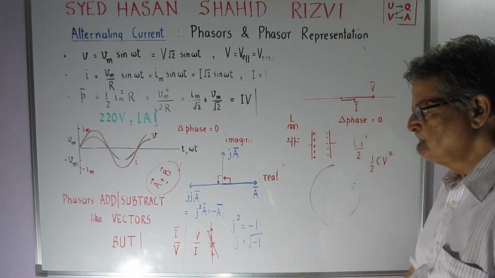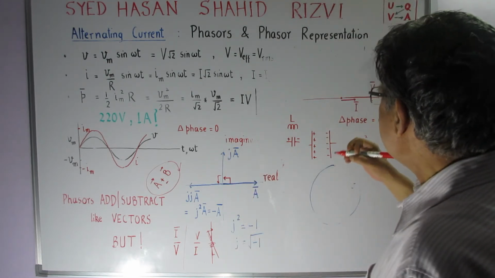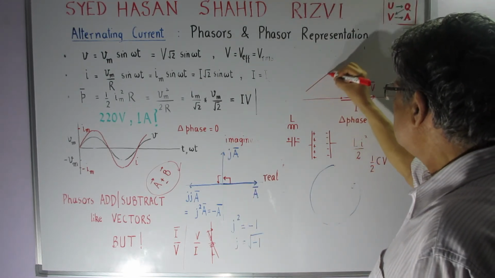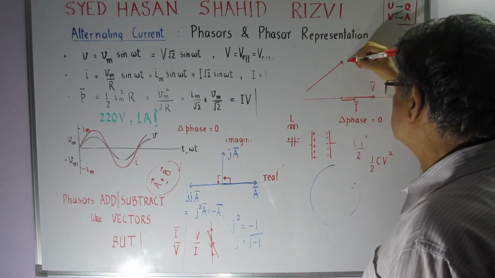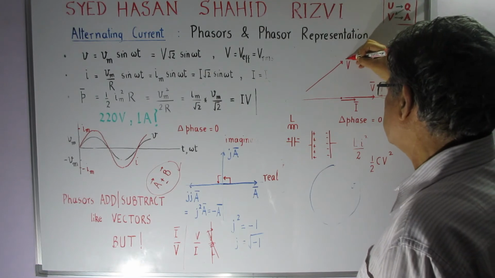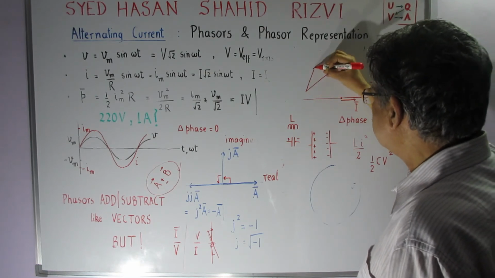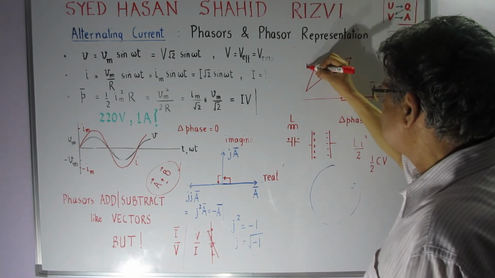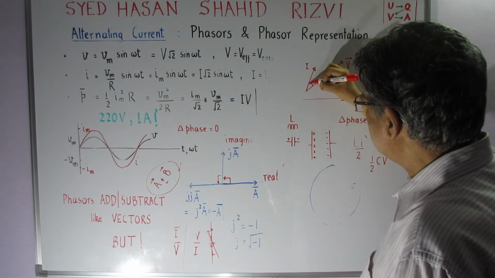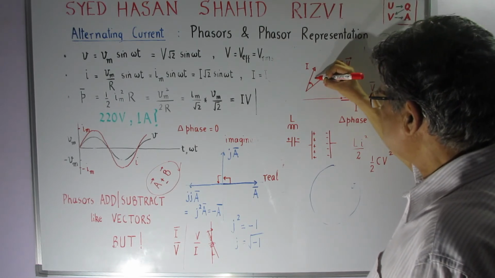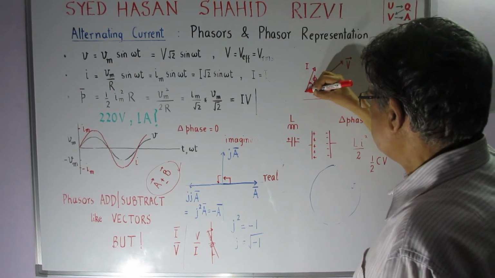I have to repeat that if there is a phasor, and I call this phasor voltage, for example, and there is another phasor which is the current I, and there is an angle here which I can say as angle phi. What does it mean?